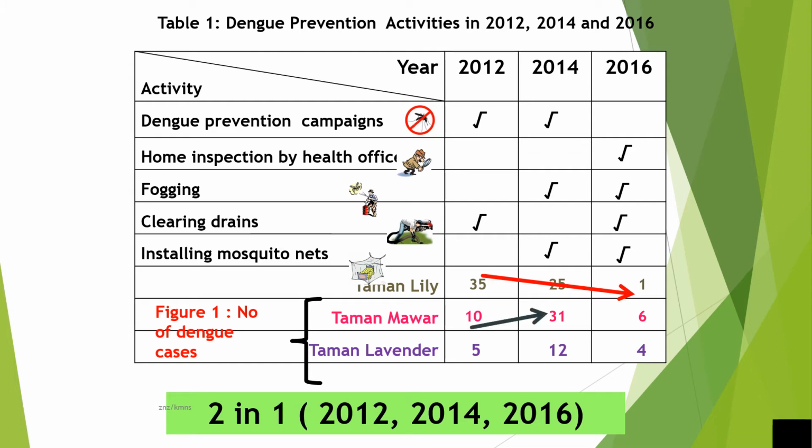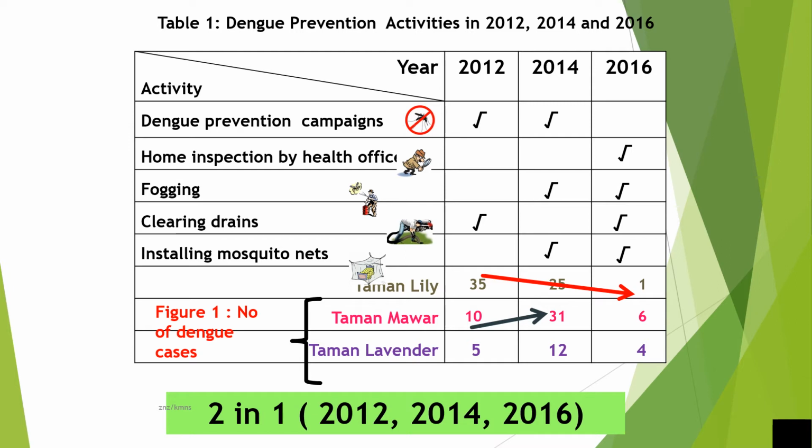What about for Taman Mawar? Taman Mawar started off with 10 cases, with 2 prevention activities. Then in 2014, there were 3 altogether. And what happened to the number of dengue cases? It rose to 31. Supposedly, the number of cases dropped.